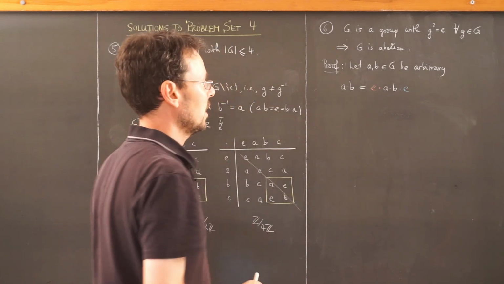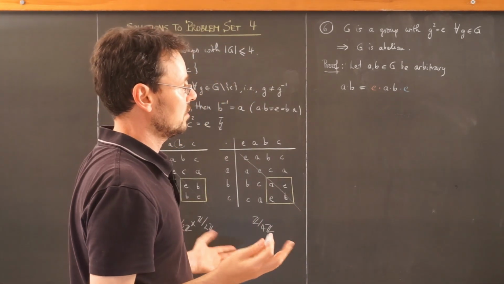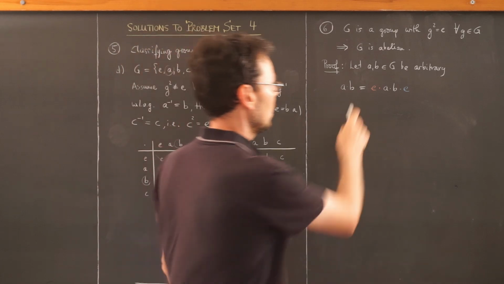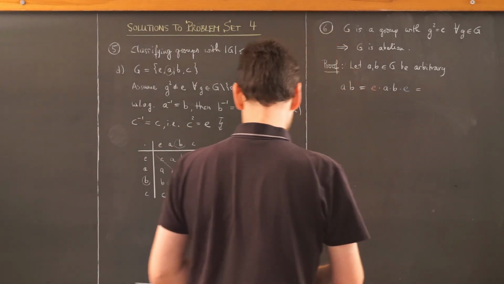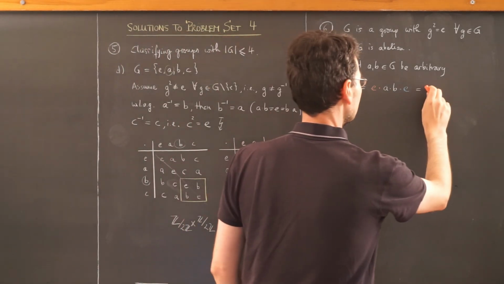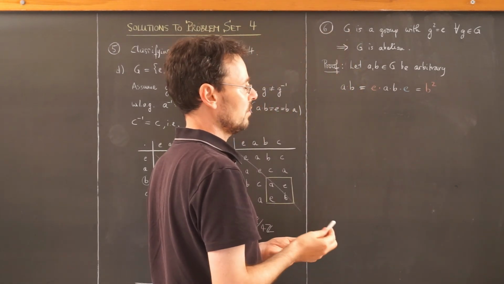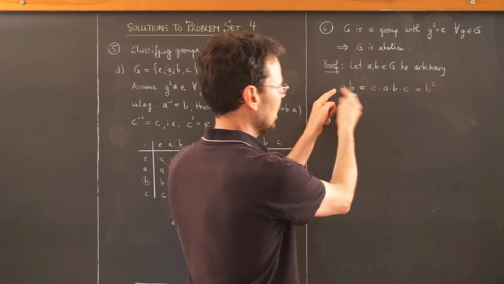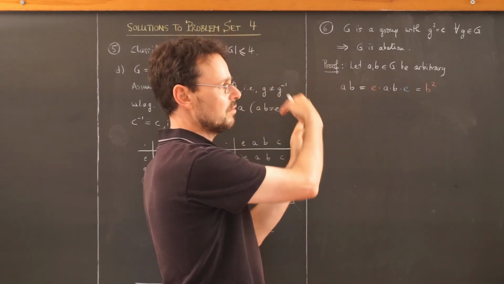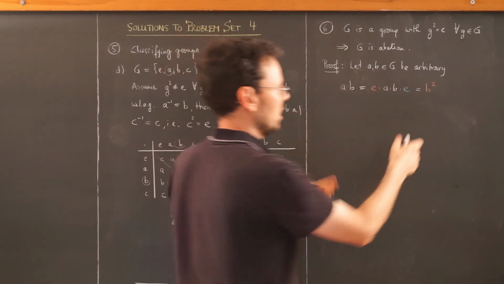We insert an identity left and right. This is of course always allowed. And now we write the first identity as b squared. Why would we do that? Because in the end we want to move the b in front, and this is our only chance.